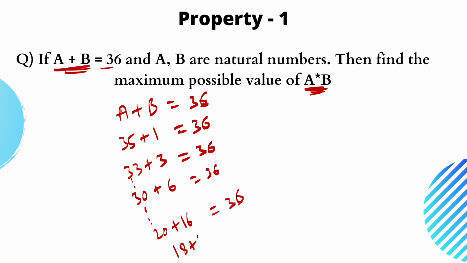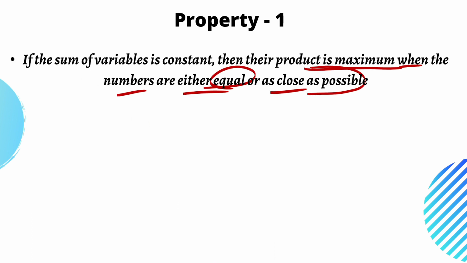However, 18 + 18 is also equal to 36, and 17 + 19 is also equal to 36. And if we multiply these two individuals, 35 into 1, 33 into 3, the product will be maximum for 18 into 18. That is what this property is all about.